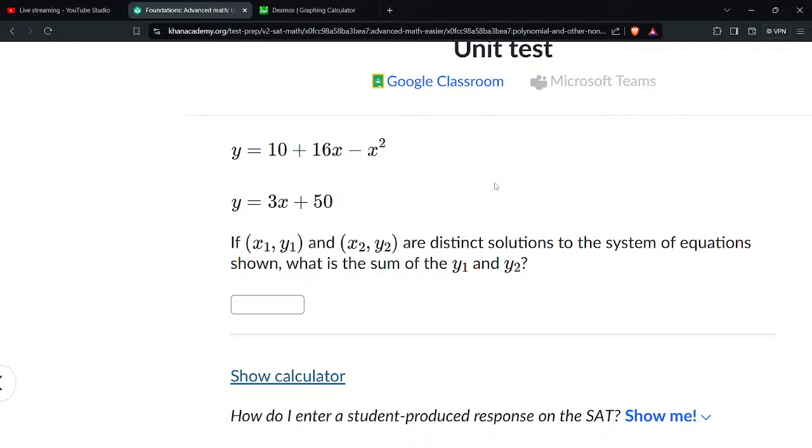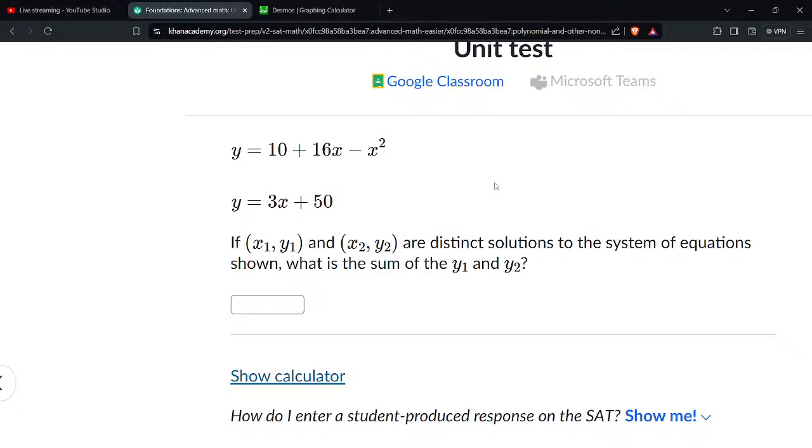Wait, 3x plus 50 equals 10 plus 16, x minus x squared. So we have x squared minus 13, right? 16, 15, 14, 13, 13x plus 40. 5, 3, 1 minus 13, 48, comma 5.